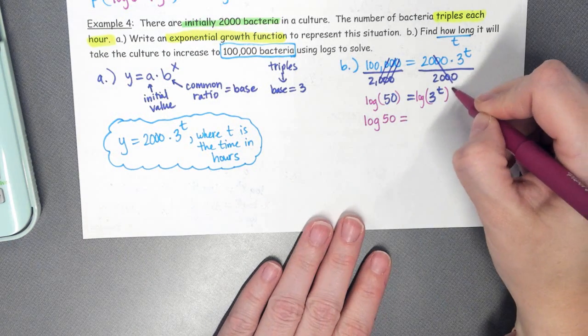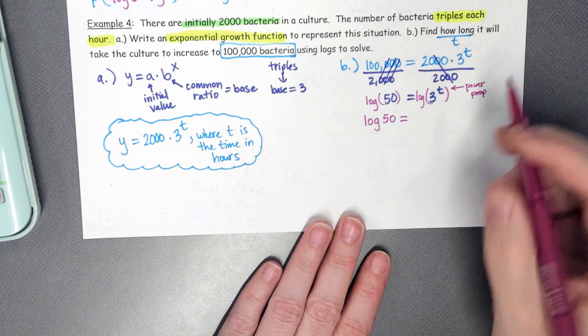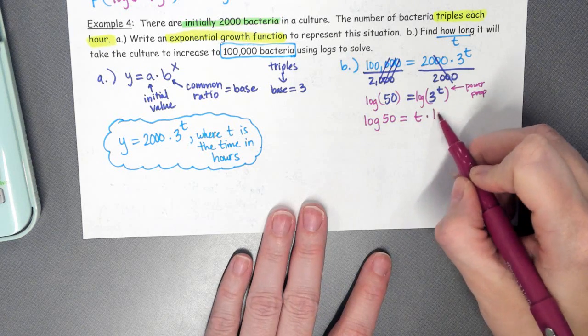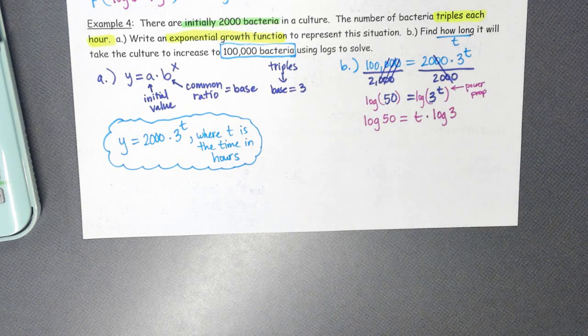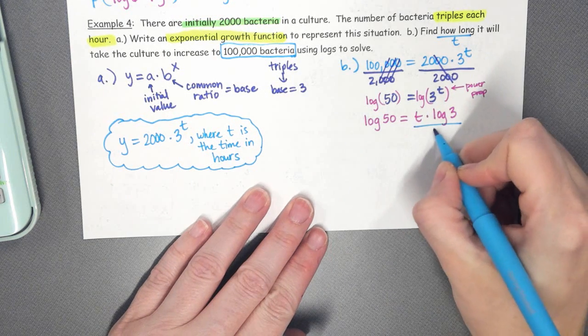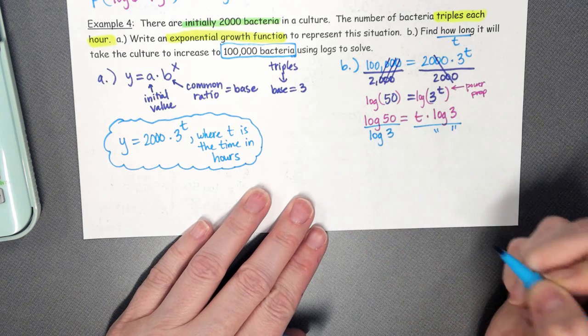So the power is going to be t, and you multiply that by the log of 3. Okay, you always are going to use a log to bring down the exponent, and then it's no longer in the exponent. And then your last step is going to be, yep, so like I said, I'm okay if you put that there as long as you write log of 3 on this side.